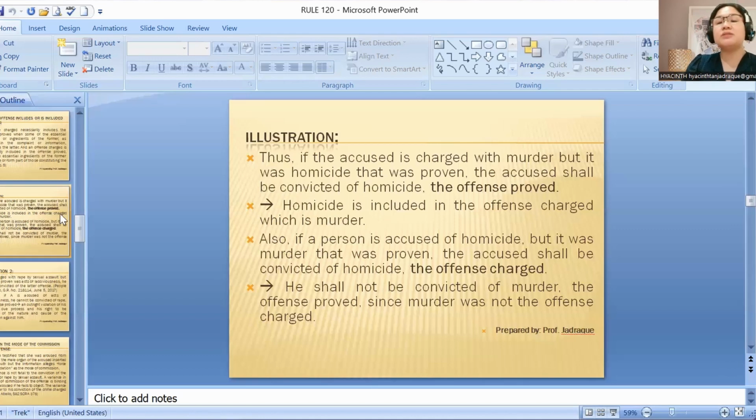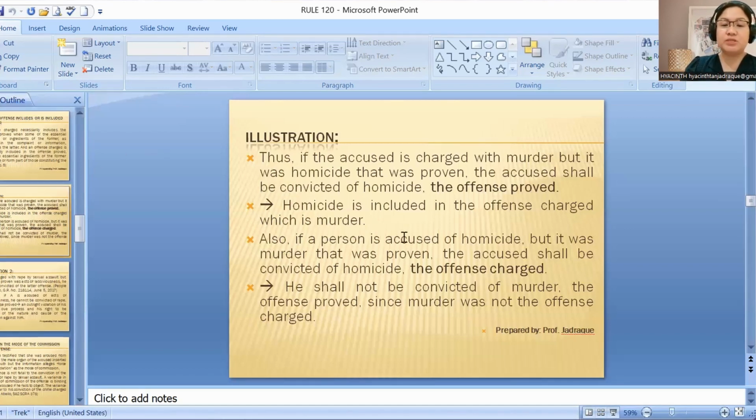Since the prosecution failed to prove the qualifying circumstance, then the accused can only be made liable for homicide, which is the offense included in the information for murder.